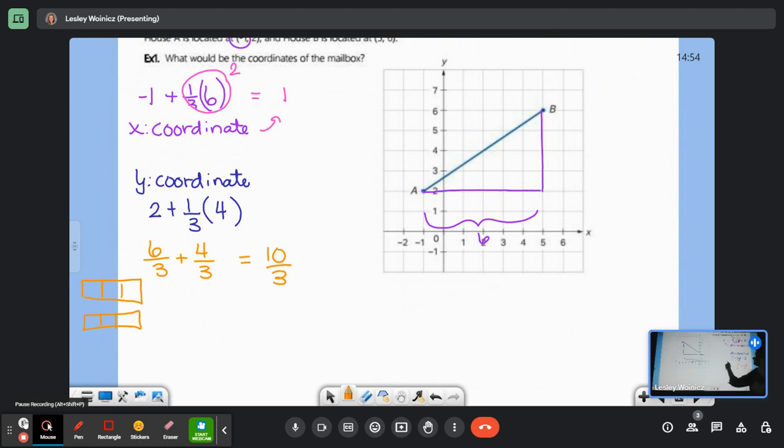Okay, so this is 10/3 as an improper fraction. Okay, and then as a mixed number, what would that be? So how many times does 3 go into 10? 3 goes in 3 times. How many thirds left over? 1. So 3 with 1/3 left over. This is our mixed number.